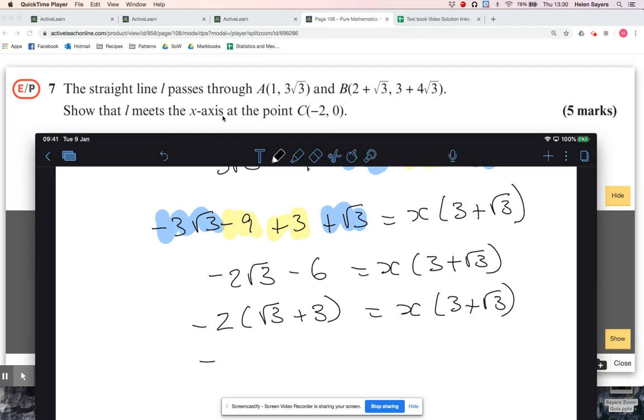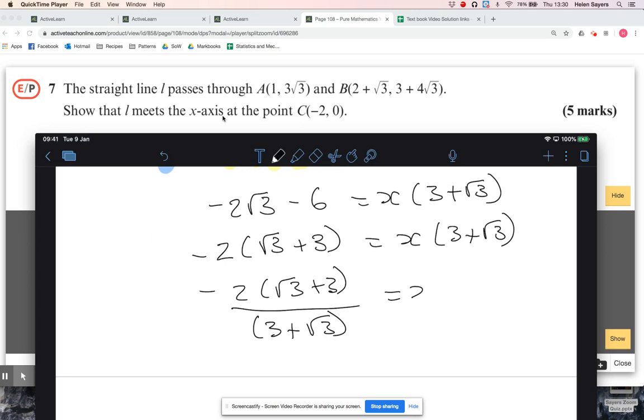So if I wanted then to just get x, I need to divide through by 3 plus root 3. Okay, so all I'm doing there is dividing through by that. So it's coming down to the left-hand side there. Obviously, I've got them written the opposite way round, but those brackets are the same. Root 3 plus 3. Doesn't matter if I've got it written the other way round.